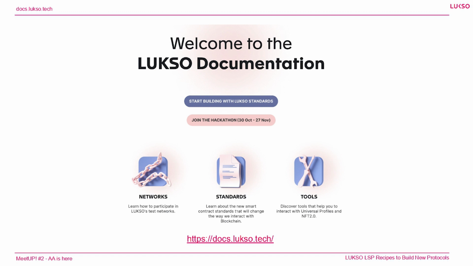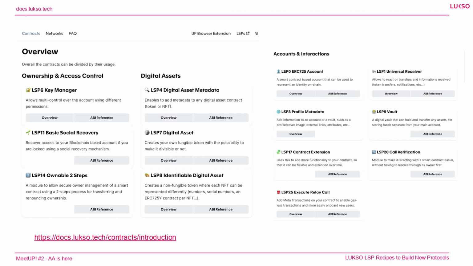And if you want to learn more about each standard and how you can build on LUKSO, the best place to go is docs.lukso.tech. You can look at the standards and tools section in particular for building your application. You can also go into the contracts section, where you will see the whole ABI technical reference and how each standard can be used for which purpose.